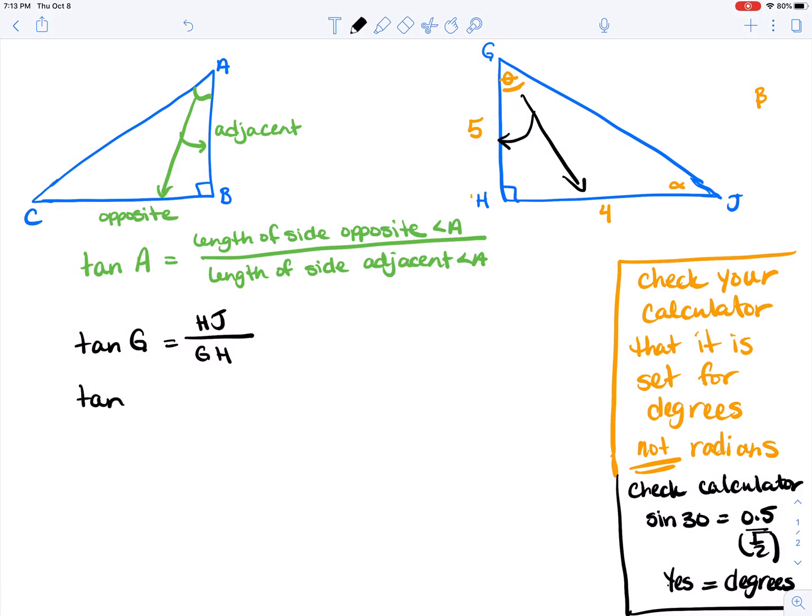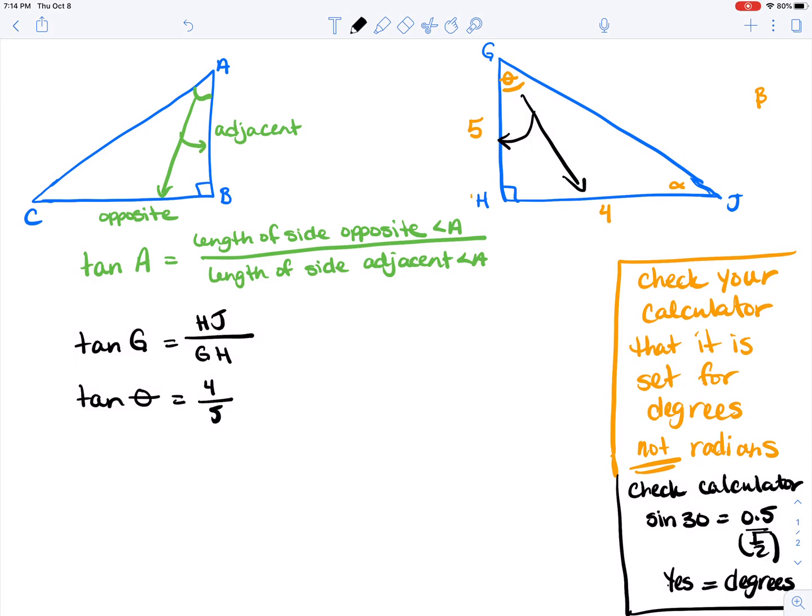So for that angle theta, I put angle G, that's one way to write it, the other way is theta. I have the length of HJ is 4, and the length of GH is 5.